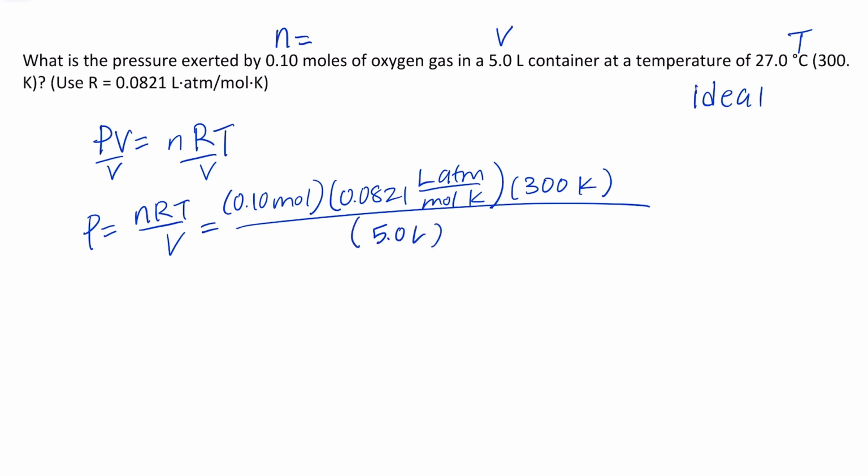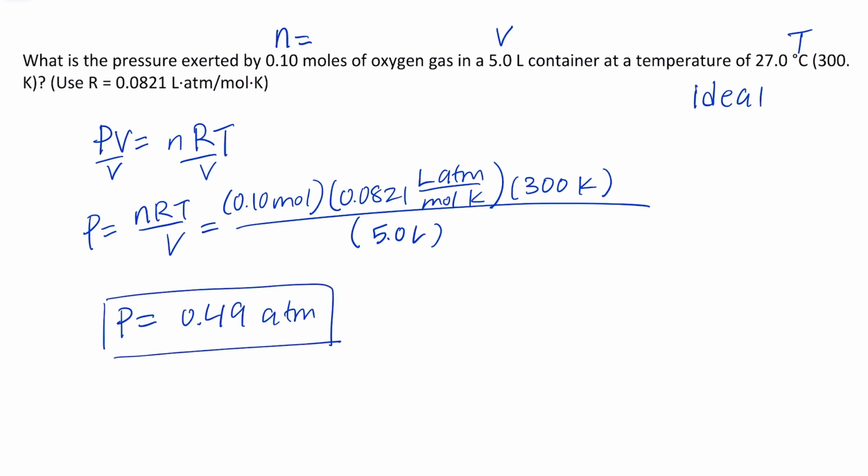And if you perform this operation on your calculator, you would get P equals 0.49 atm. So 0.49 atm is the pressure exerted by all these conditions, and that's it.